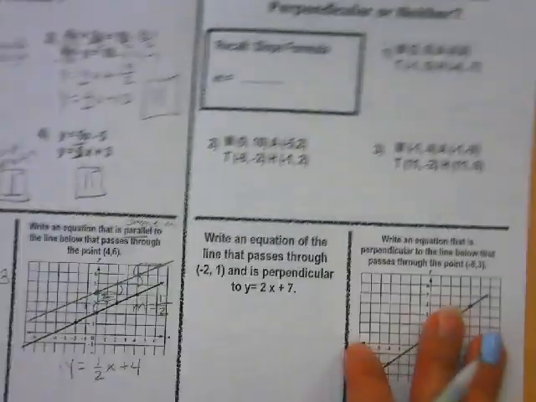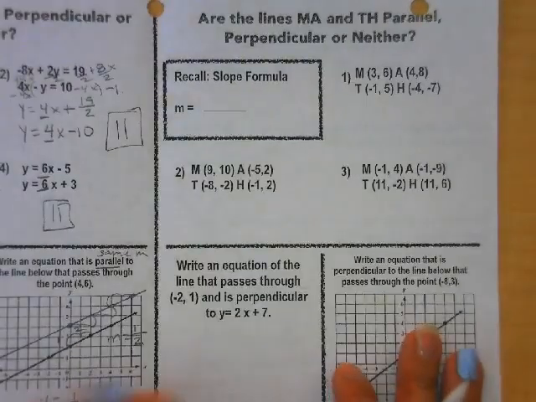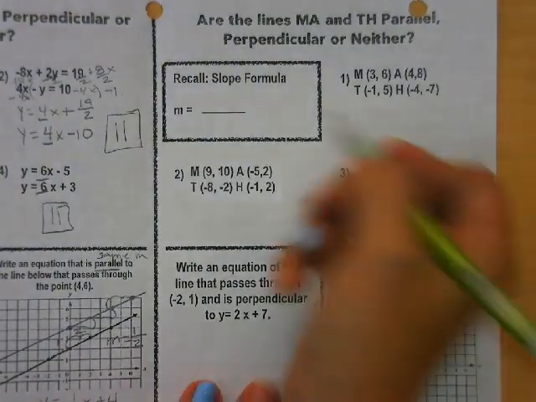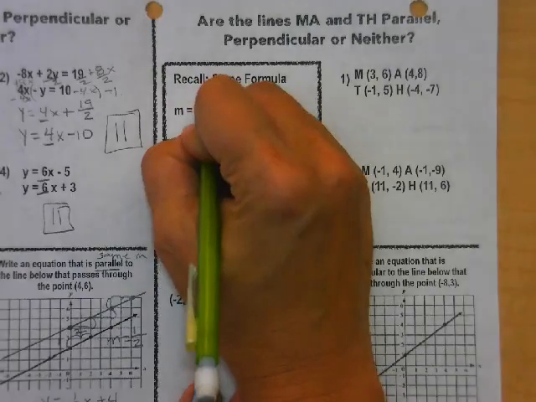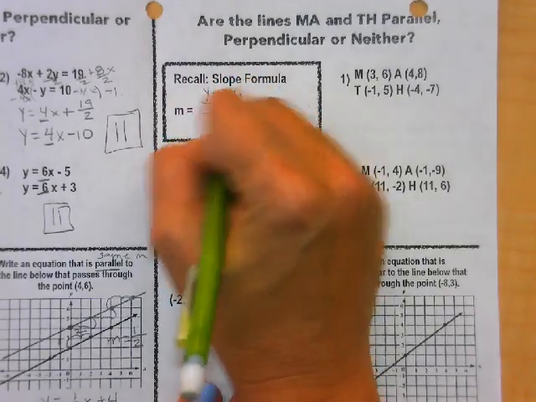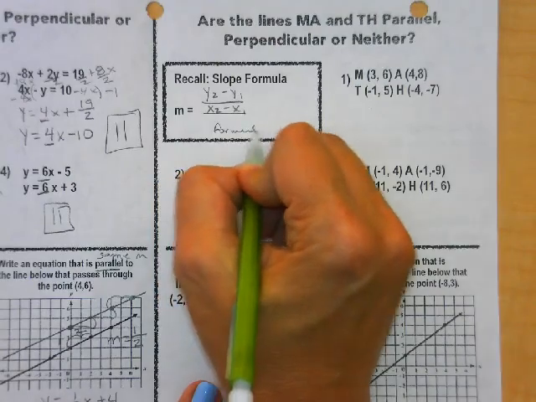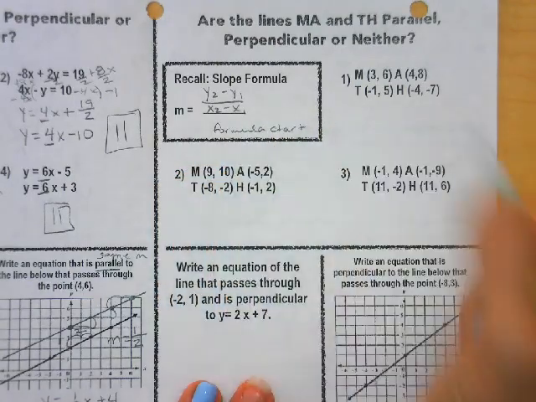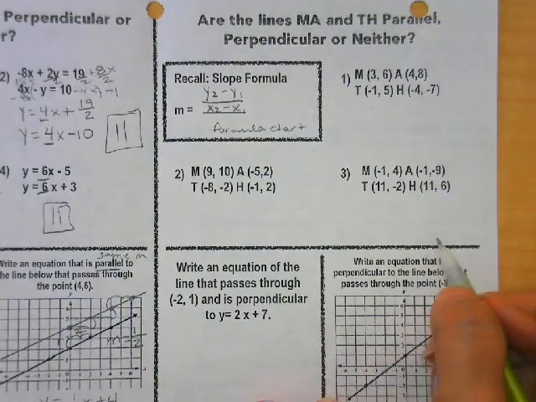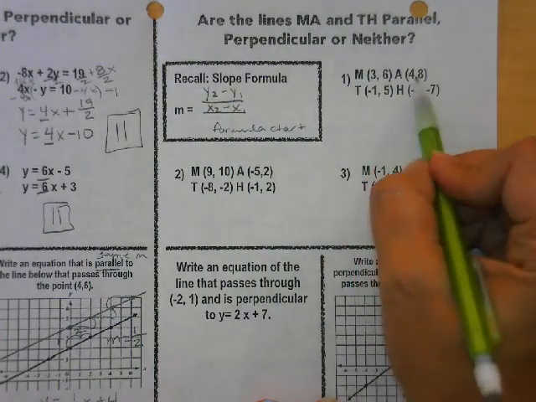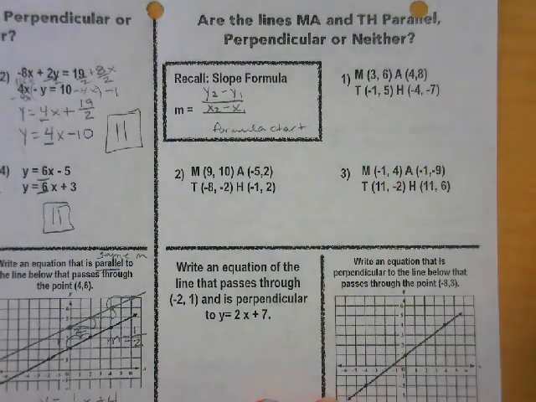When I look at perpendicular, the slope formula is y2 minus y1 over x2 minus x1. Remember, this is on your formula chart. So again, all we're doing is figuring out if these have the same slope.